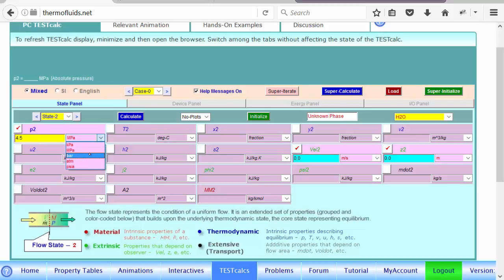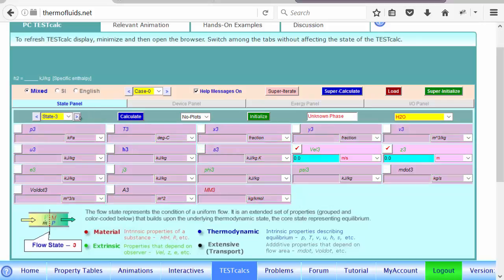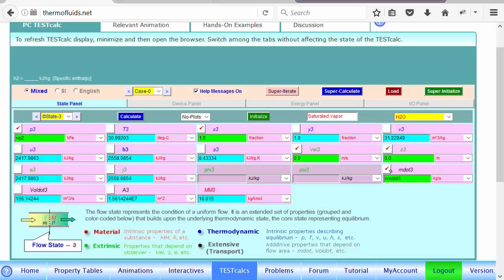Remember, for the ideal state and actual state, the pressure must be the same because the turbine is designed for that. And entropy is equal to entropy at 1. Of course, there is no change in the mass flow rate. So let's specify that. So state 2 has been calculated. And for state 3, we can write P2, 4.5 kPa, and it was a saturated vapor, if you recall, the actual exit state. So that gives us all the different states completely evaluated.